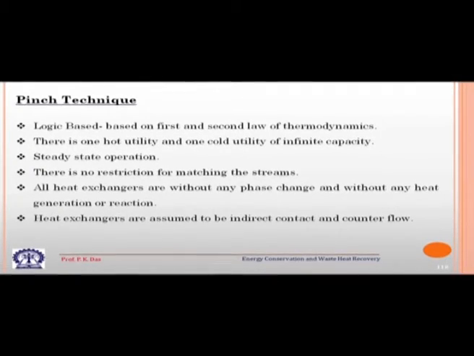The heat exchangers are assumed to be indirect contact and counter flow. Of course, there could be cross flow or parallel flow heat exchangers, but we assume all of them to be counter flow, and indirect contact recuperators. There is no direct mixing of two streams.